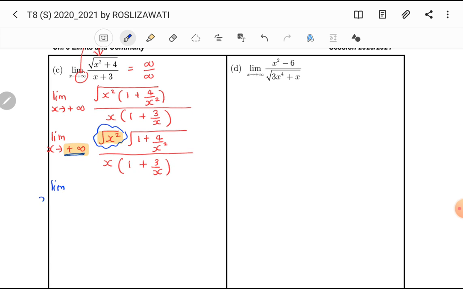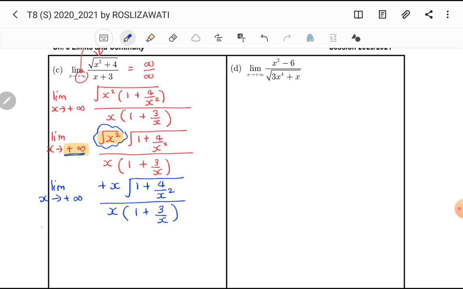So, kita akan replace dia dengan positif x, bukan negatif. Tadi negatif sebab x approaches negative infinity. Okay? So, kita salinlah yang belakang tu: square root of 1 plus 4 over x squared, divide by x times 1 plus 3 over x.